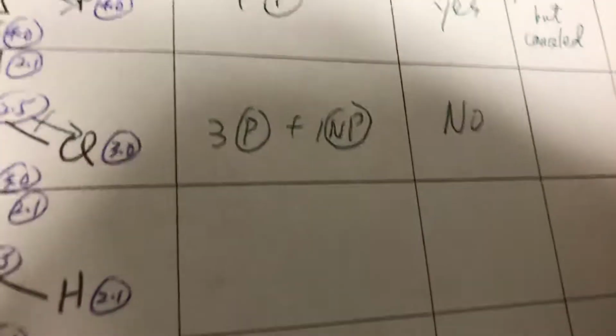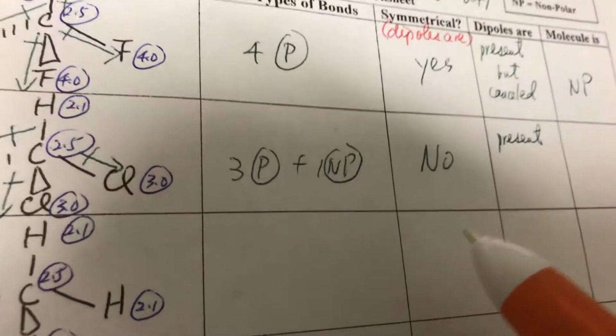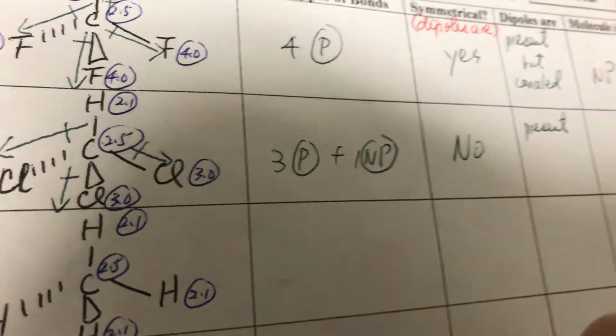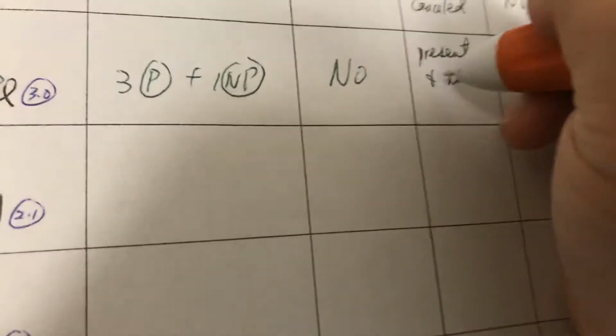So in other words, my shape is not symmetrical. Now I do have dipoles; the dipoles are present. Because the shape is not symmetrical, all my dipoles go to the bottom and nothing on the top, so they cannot be cancelled. So present and not cancel.